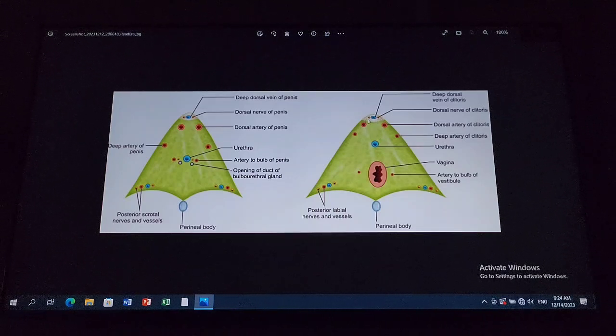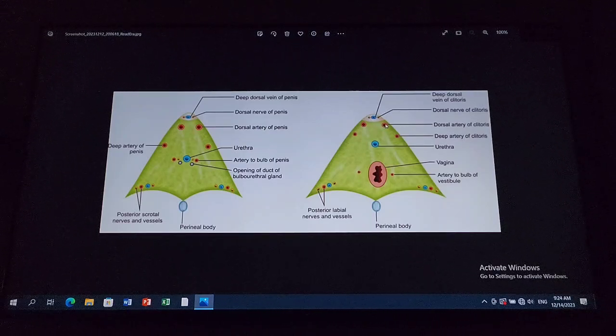This area is deficient from the perineal membrane. فبالتالي these structures are considered not as perforators to the perineal membrane, اللي نسميها deep dorsal vein of the penis and the dorsal nerve of penis or clitoris. هذه المنطقة deficient from the perineal membrane.